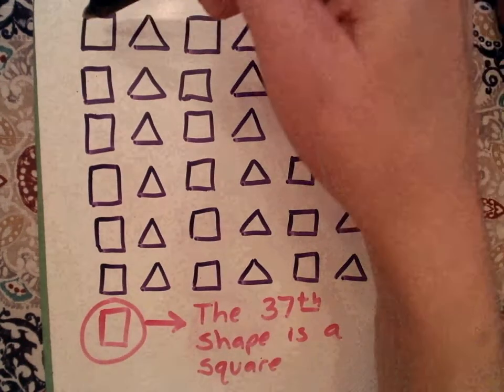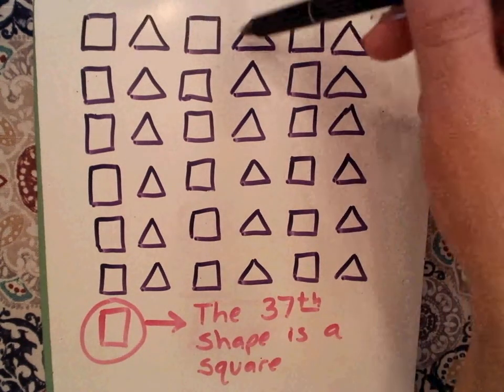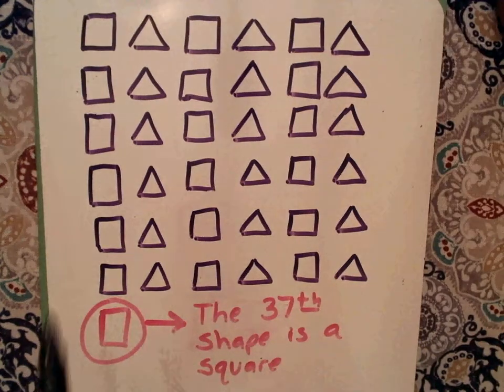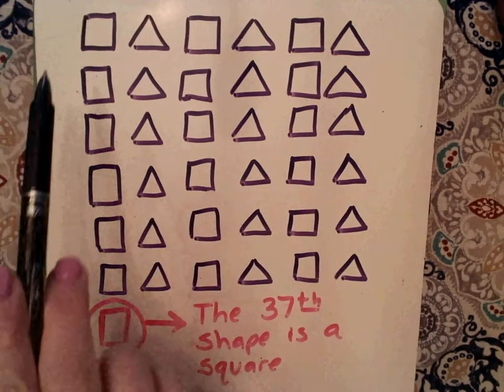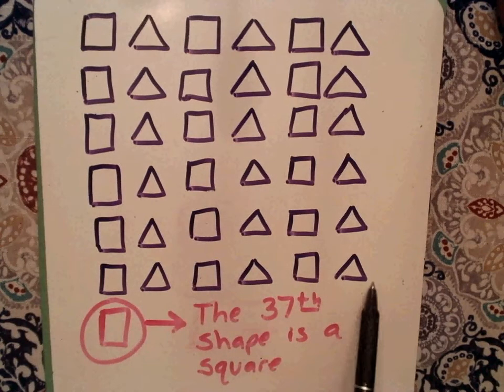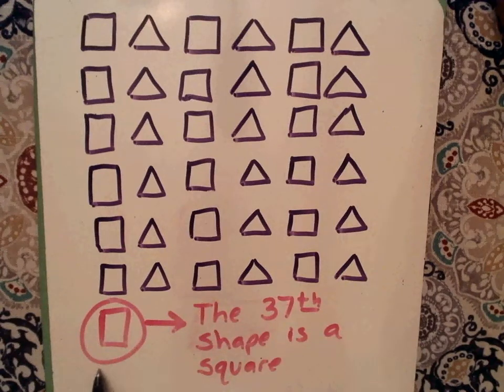On each row it was 1, 2, 3, 4, 5, 6, and then I made 6 rows of 6. So I know 6 times 6 is 36. This triangle here is my 36th shape, so my 37th shape would be right here. The 37th shape is a square. So you might have done that.